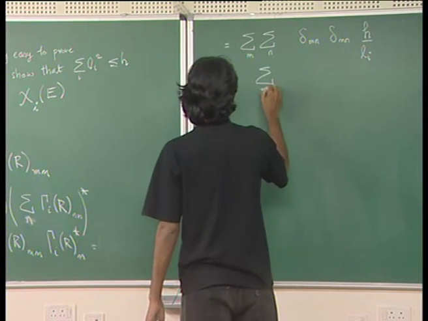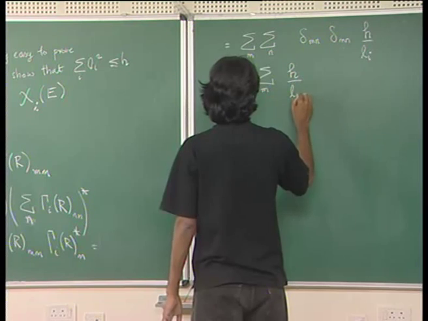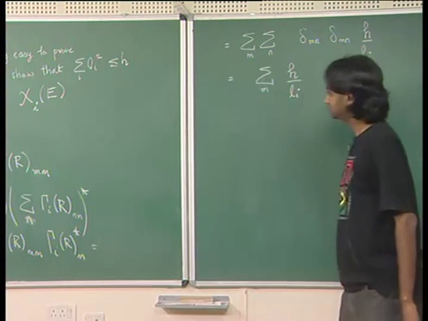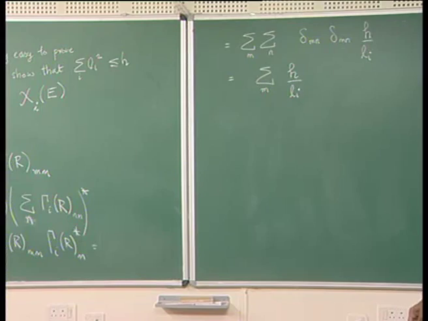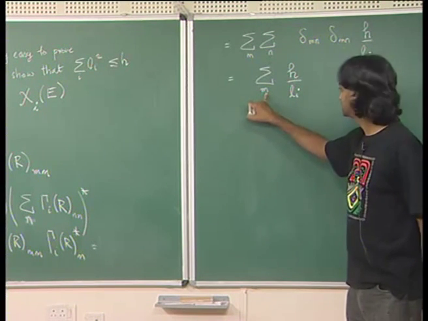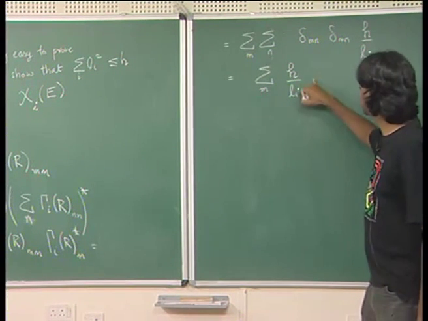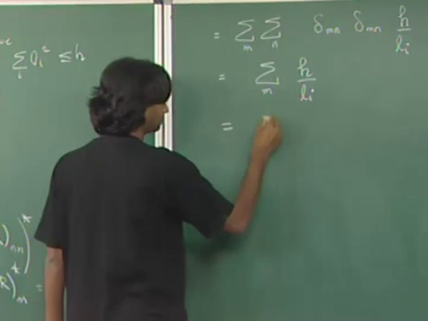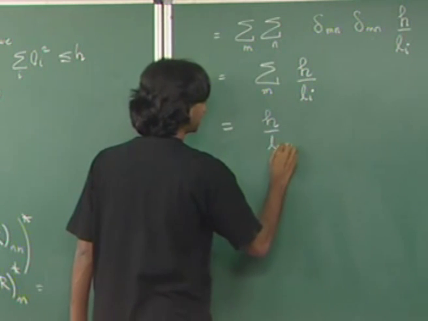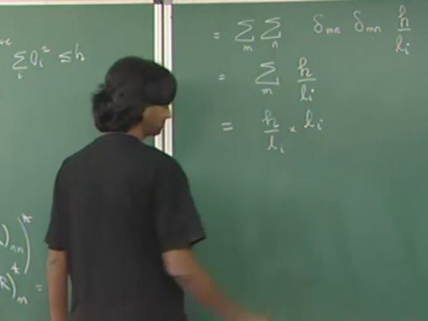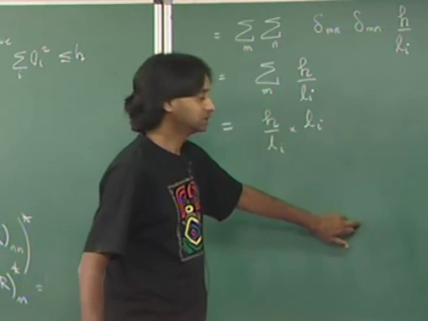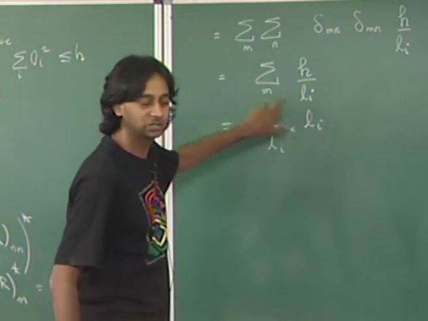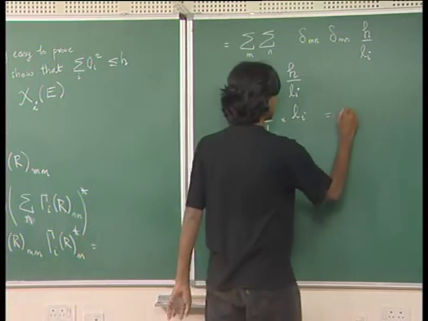So I just get the sum over m of h by L I. This is a constant, independent of m, so the sum over m just gives me a factor of L I, because I am summing over all the rows of the matrix, and the number of rows is equal to L I. So this is just equal to h.